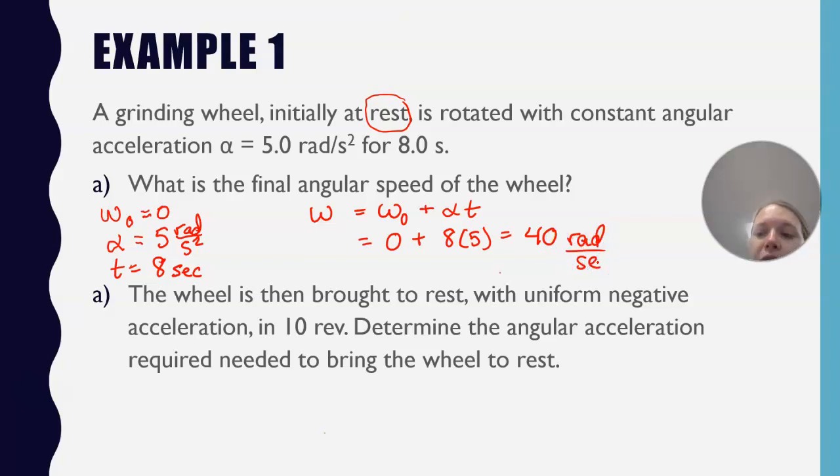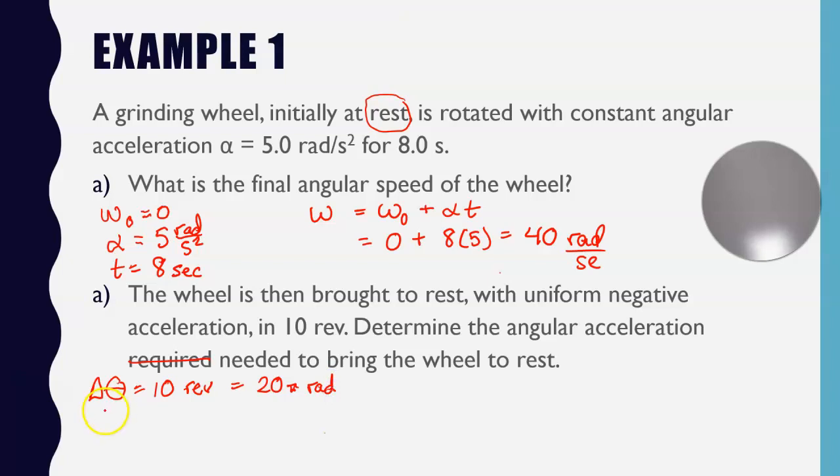The wheel is then brought to rest with a uniform negative acceleration in 10 revolutions. What is the angular acceleration needed to bring the wheel to rest? So the angular displacement is 10 revolutions, which is 20 pi radians.